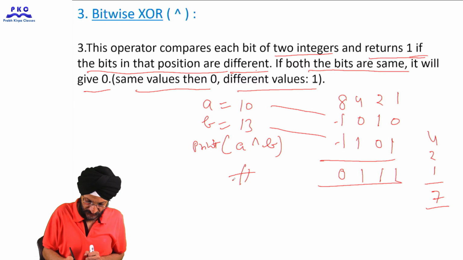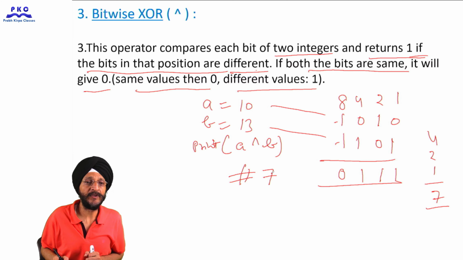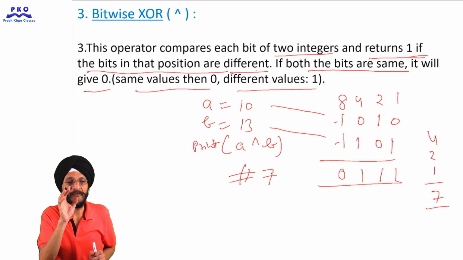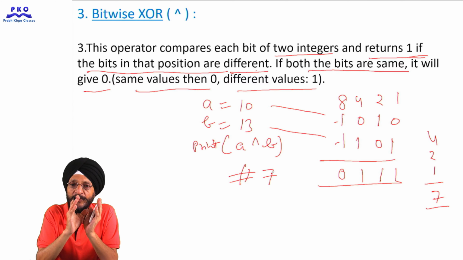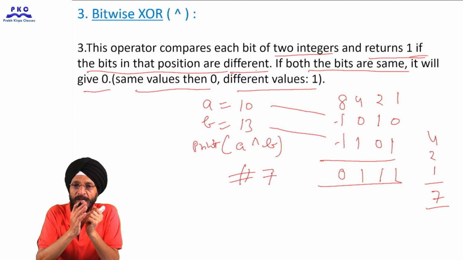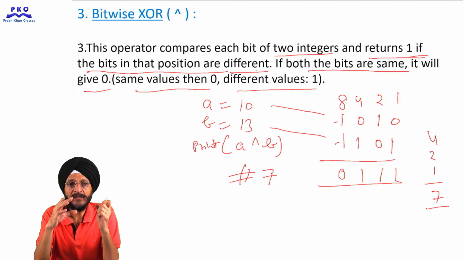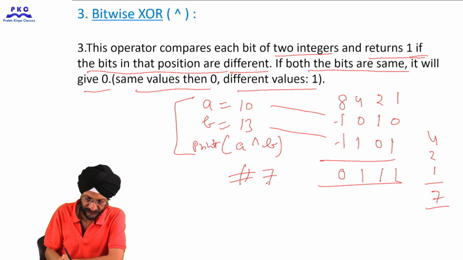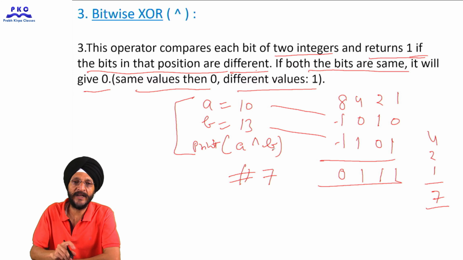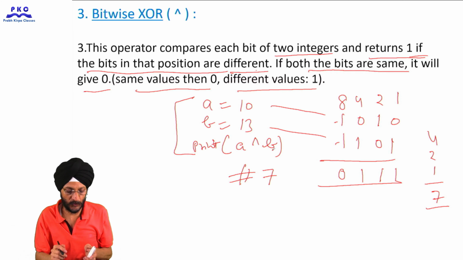This is the output which we will get when we use the code editor, and the Python interpreter will interpret the output as 7 when we use these values, the print function and the bitwise XOR operator.